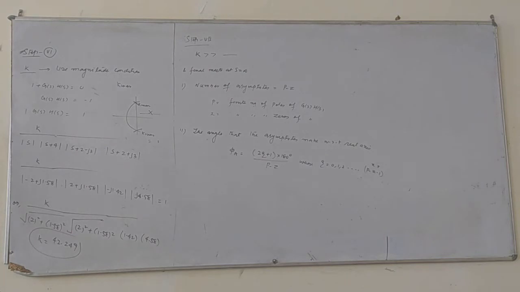Fine. Next is the point at which the asymptotes will start, that is, where the asymptotes originate. That's called a center point.